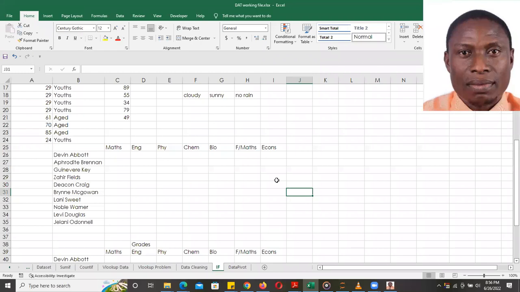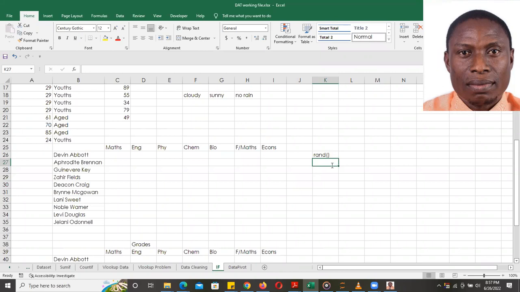RAND generates random numbers between 0 and 1. This RAND is a function in Excel, so it generates random numbers for us between 0 and 1.